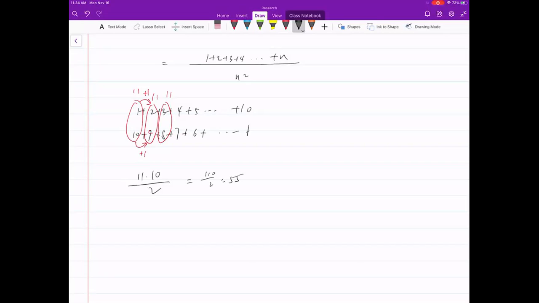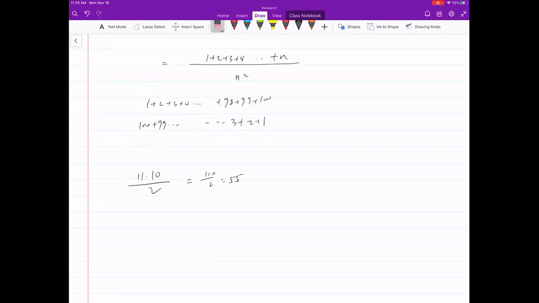Sounds good? Similar ideas. If you want to sum everything from 1 to 100, how do you do it quickly? 1 plus 2 plus 3 all the way to 98 plus 99 plus 100. Well, do the same thing. Number 1, I'm going to do it twice: 100 plus 99, one forward, one backwards. I just keep in mind, when I finish, I just need to divide by 2.